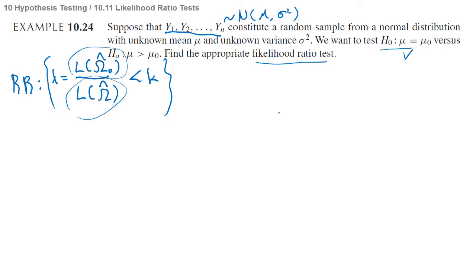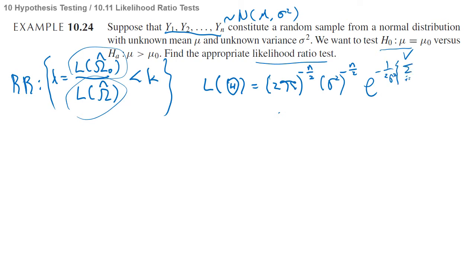The likelihood function L(theta) for a normal distribution can be written like this: (2 pi) to the minus n over 2, sigma square to the minus n over 2, and e to the minus 1 over 2 sigma square, sum of i equals 1 to n of (yi minus mu) squared.